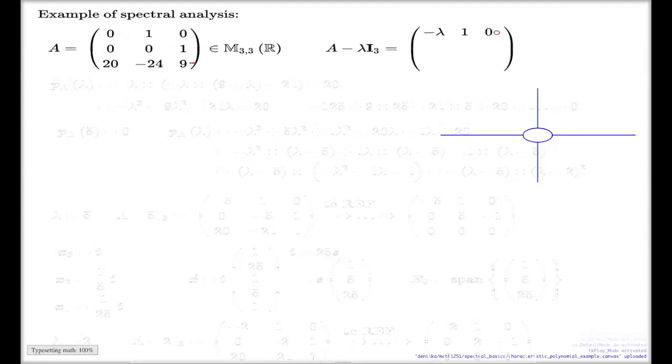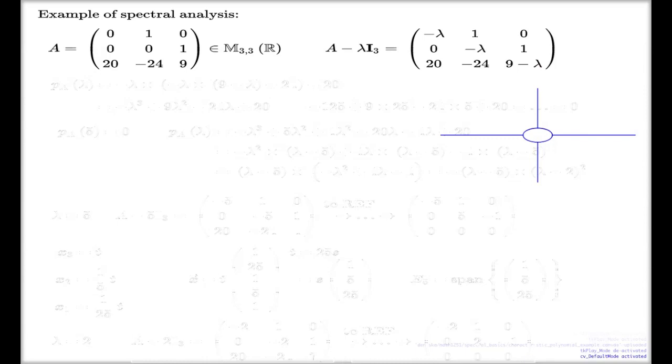Here it is: negative lambda, 1, 0; 0, negative lambda, 1; 20, negative 24, 9 take lambda. And now I will compute the characteristic polynomial of it, which means I have to compute the determinant of this matrix.